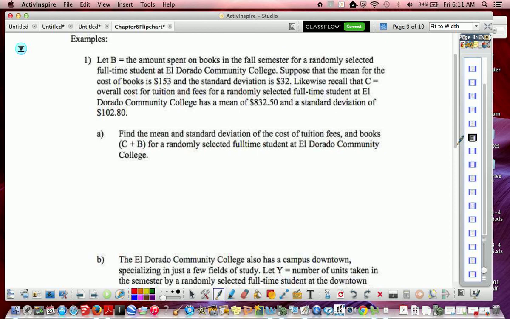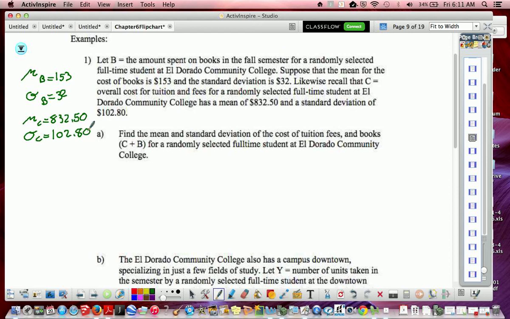Suppose that the mean for the cost of books is $153, so over here I'm going to write 153. The standard deviation is $32. Likewise, recall that the overall cost for tuition and fees for a randomly selected full-time student at El Dorado Community College has a mean of $832.50 and a standard deviation of 102.80.